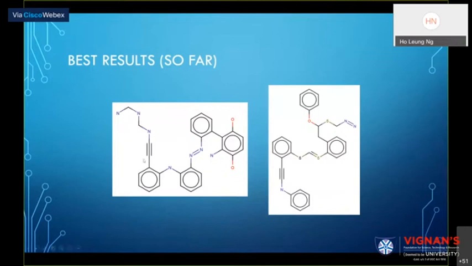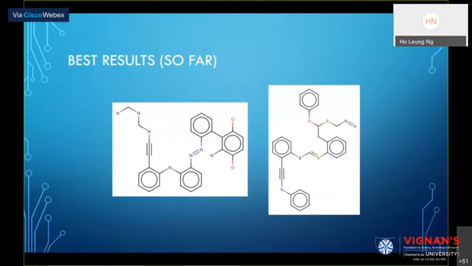And for those of you who are chemists, you'll find that most of these molecules look okay, but they do have some parts that look quite strange. That is something that we're still working on.